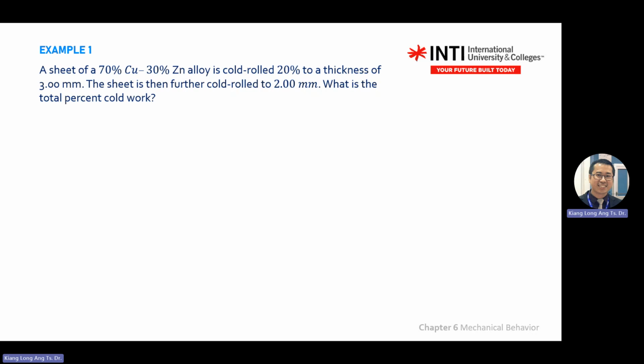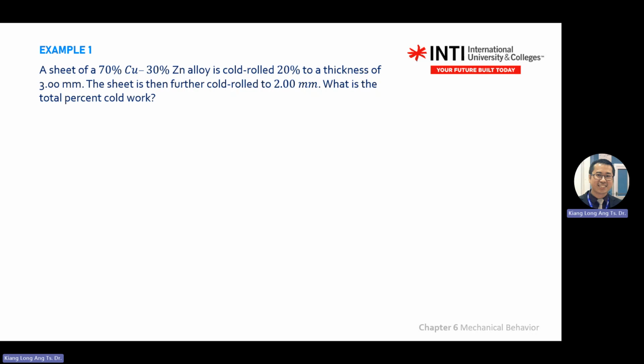So total how many? Do you see the way we try to ask you? You need to find what? It gives you 20% cold rolled here. It gives you the left-hand side of the equation. Something is missing in the equation. What is missing? Initial thickness. So you need to find the initial thickness through the first step, the first line.